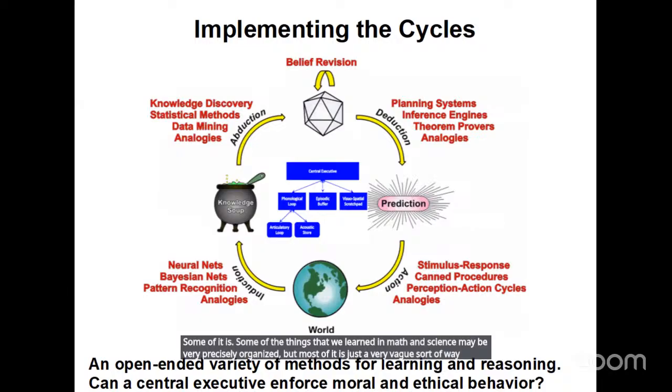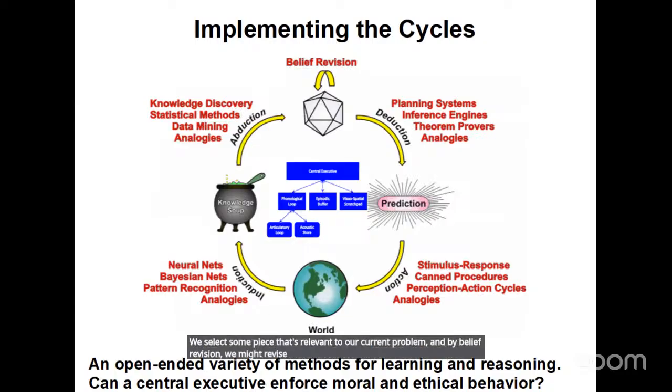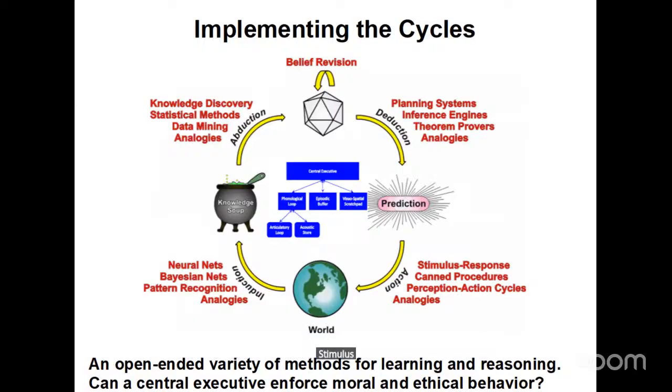And by abduction, you select, that can be knowledge discovery, statistical methods, data mining, analogies. We select some piece that's relevant to our current problem. And by belief revision, we might revise it. And then by deduction, there are various planning systems, inference engines, theorem provers, and analogies. By deduction, we make a prediction, and then we test that prediction by stimulus response, CAN procedures, perception action cycles, analogies.